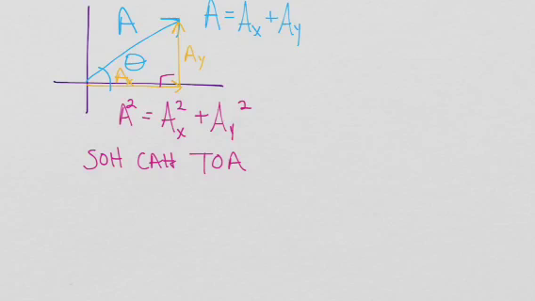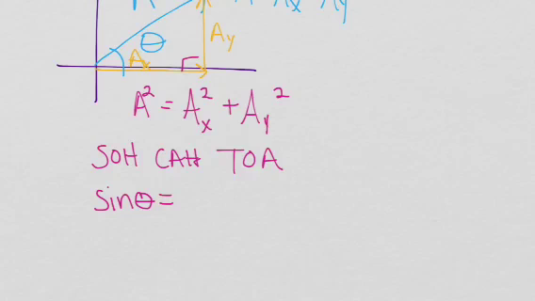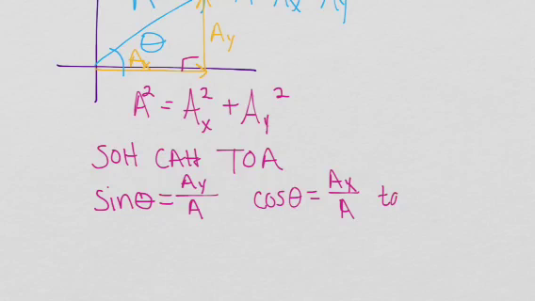For example, we could say that sine theta is equal to the opposite, which in this case is A sub y, over the hypotenuse, which is A. We can say cosine theta is equal to the adjacent, A sub x, over A. And tangent of theta is equal to A sub y over A sub x.